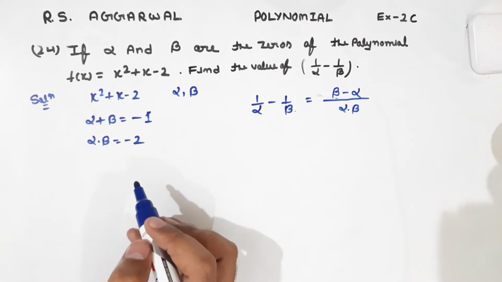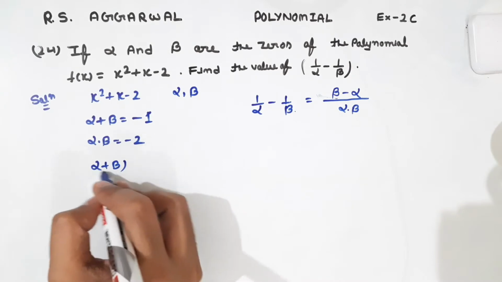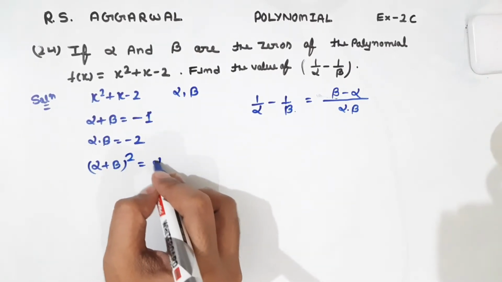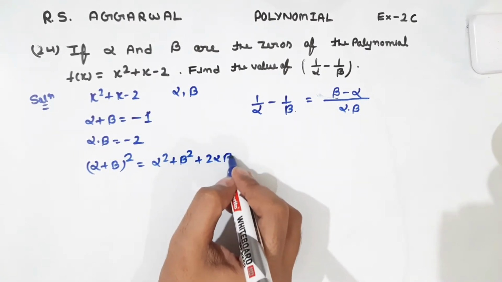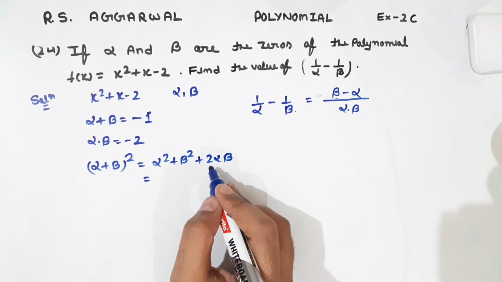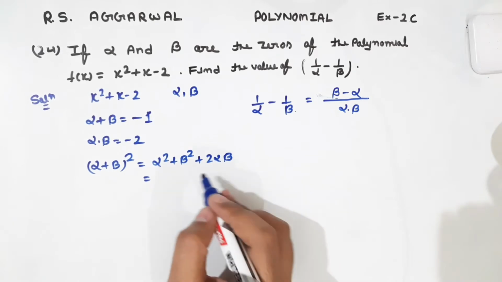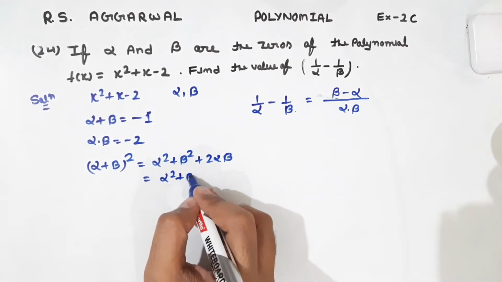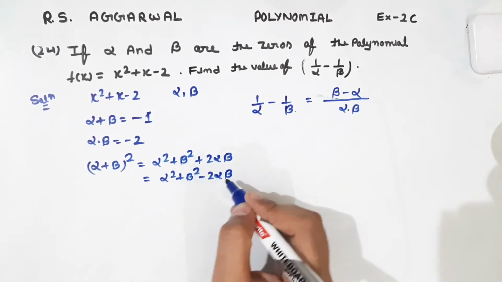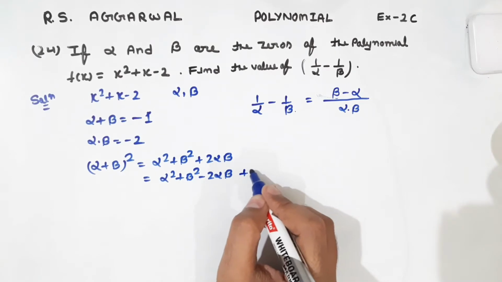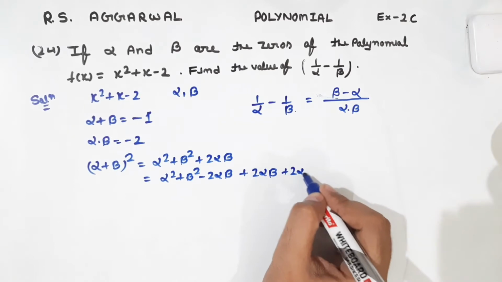So we know that alpha plus beta whole square will be equal to alpha square plus beta square plus 2 alpha beta. Now adding 2 alpha beta and subtracting minus 2 alpha beta, we are subtracting minus 2 alpha beta and adding 2 alpha beta, and this is 2 alpha beta already.